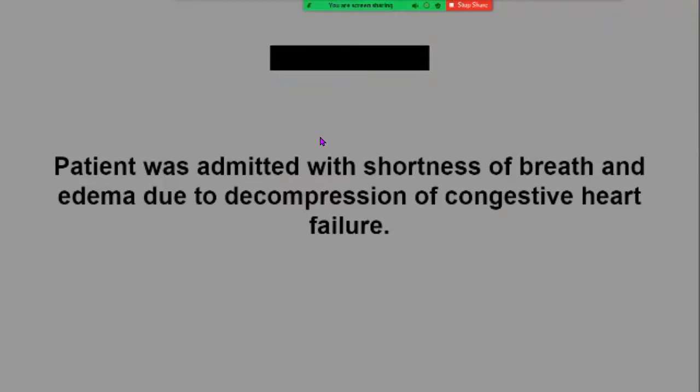Next, it says patient was admitted with shortness of breath and edema due to decompensation of congestive heart failure. Okay, a lot of words, right? But what does this patient actually have? Congestive heart failure. He has congestive heart failure.